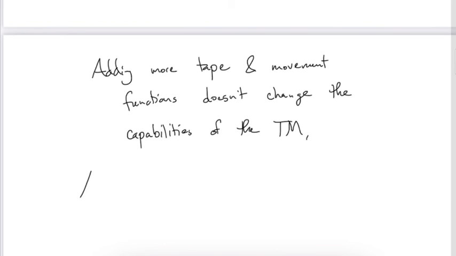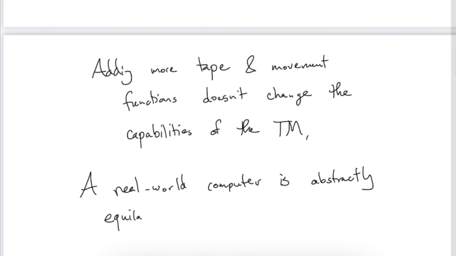So a real-world computer is, abstractly at least, equivalent to a Turing machine. Abstractly equivalent, I mean, it has the same theoretical abilities as a Turing machine does. All right?